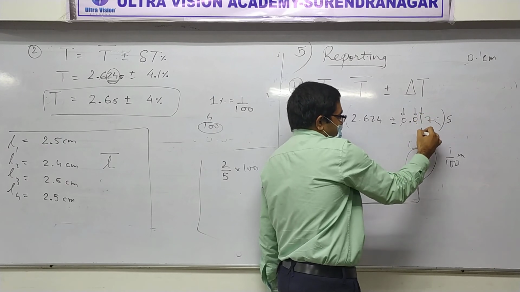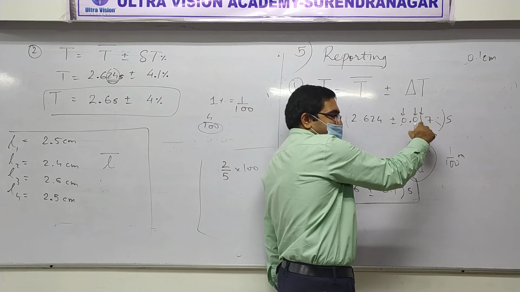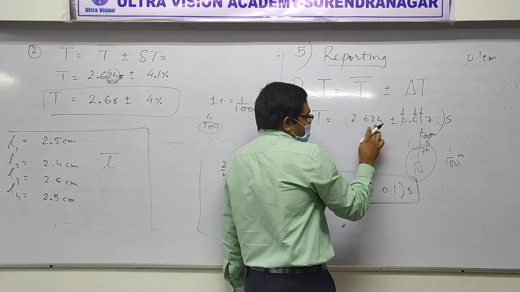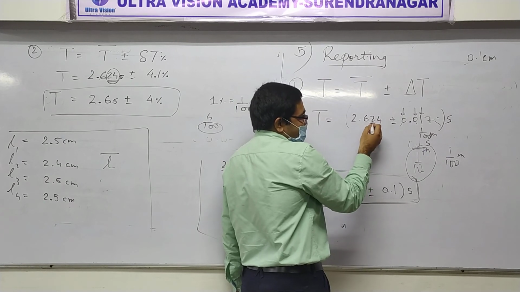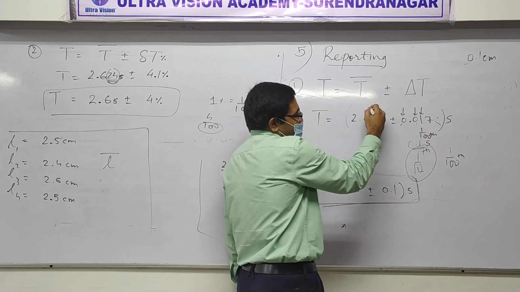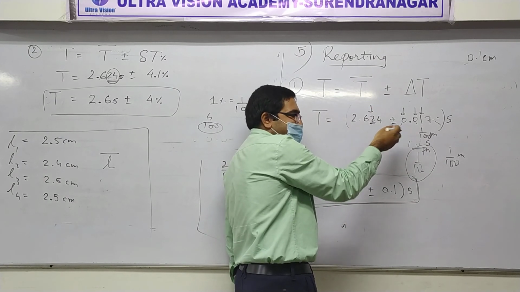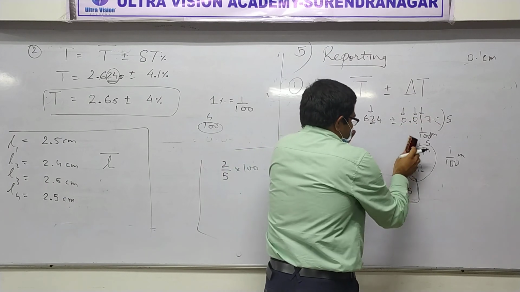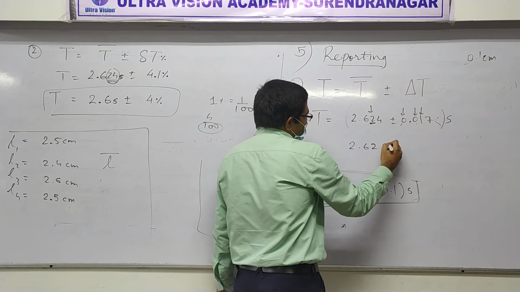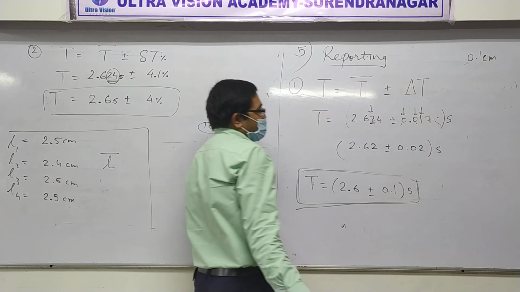But then in the 1 by 100 place we have error. Clear? Understood? The error begins at this point. So over here also the 1 by 100 place will be the last place because we know that there is some error in this. Then there is no point. You are not even sure about this 2. Then how can you be sure about the 4? Did you understand? Yes. So if it was actually like this, then I would shorten it to this. Did you understand? Yes.